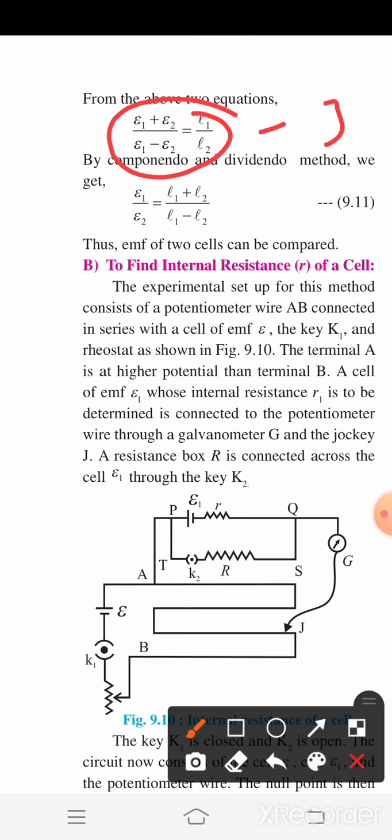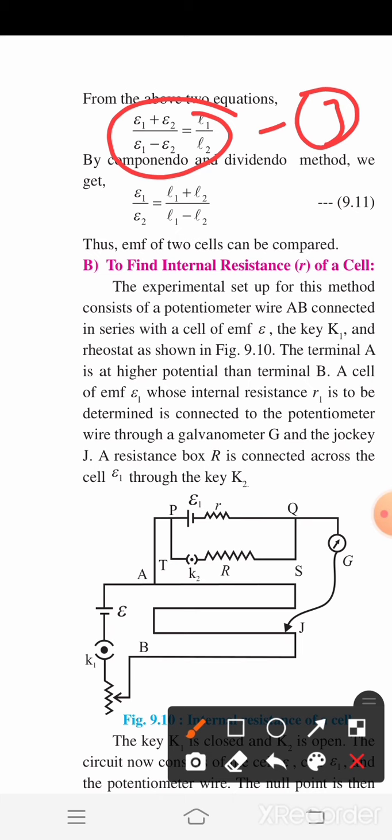This is equation number 3. We apply the componendo and dividendo rule on this equation number 3. That is, in the numerator we take the addition of numerator and denominator, and in place of the denominator we take the difference of numerator and denominator. That is, E1 plus E2 plus E1 minus E2 divided by E1 plus E2 minus E1 plus E2 is equal to L1 plus L2 divided by L1 minus L2.